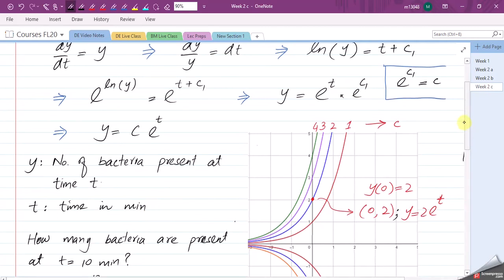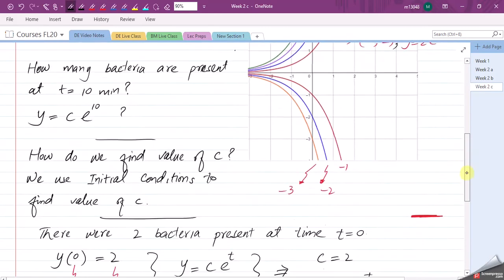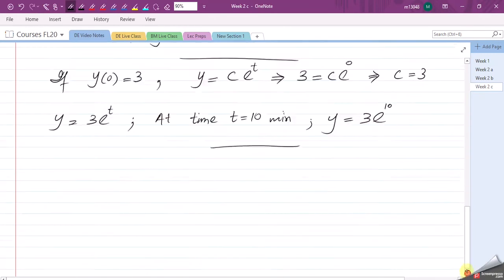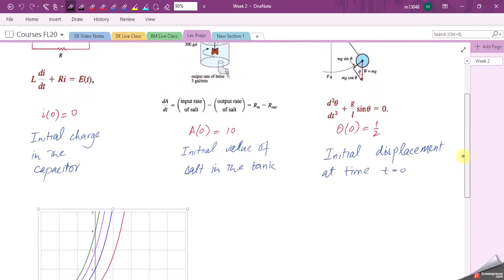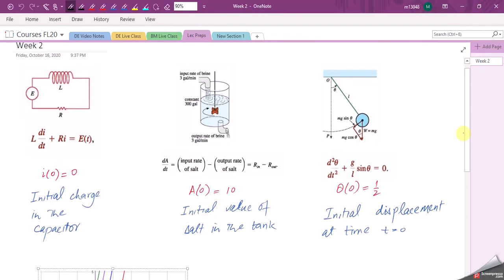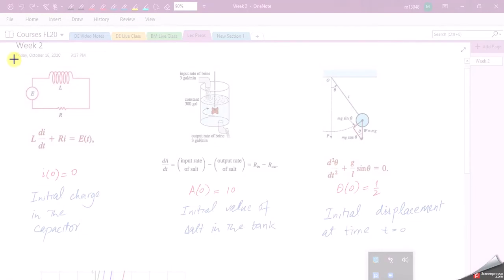I'll give you a couple of examples to understand the story a little bit better. Let's look at these examples. Let me copy them into our lecture notes.